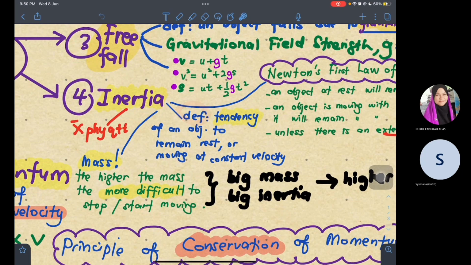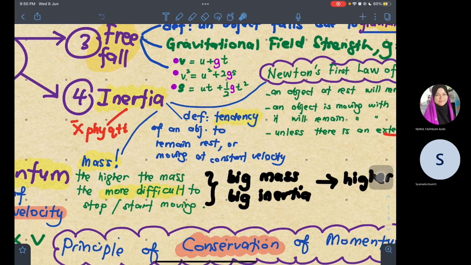It's a tendency, or the definition is the ability of something. What ability? The tendency of something to resist any changes acting on it. So that's inertia. So it means if it is at rest, it resists any changes on it. It wants to remain at rest. It doesn't want to change.